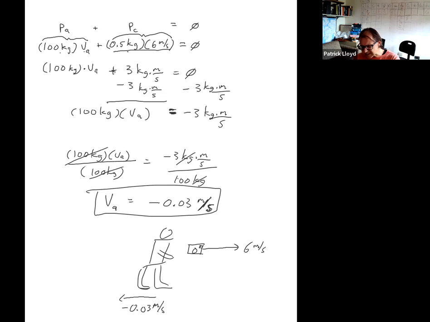Now that's about 3 centimeters per second, which isn't that much, but if you multiply that by 60, you get 180 centimeters per minute. That's about 1.8 meters per minute. So every minute he's going to float off about 1.8 meters, which is about 6 feet or so. So he's going to be every minute 6 feet further away from his space station, because he got angry, threw the camera away, and then floated off in the opposite direction.